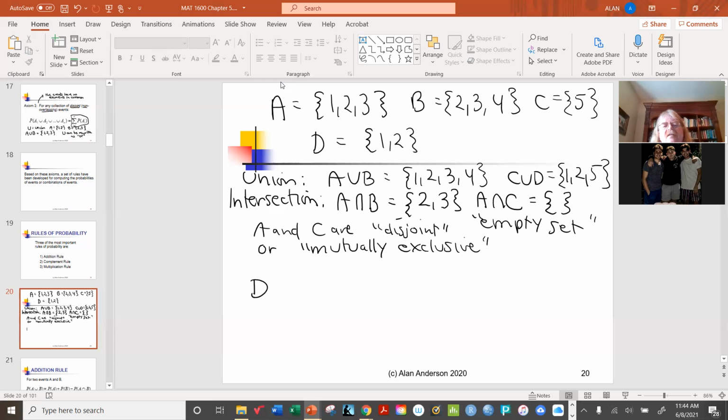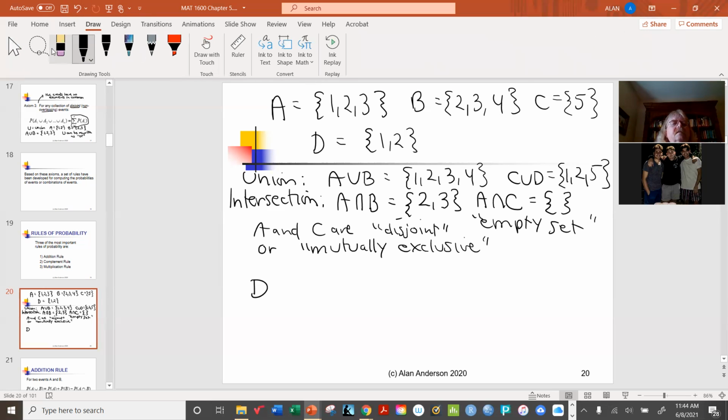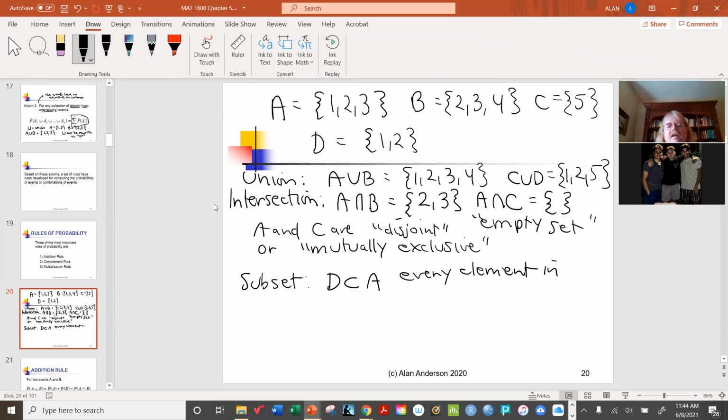For example, D is a subset of A because every element in D, rather, is an element of A. On the other hand, D is not a subset of B, which we write with a slash through it.